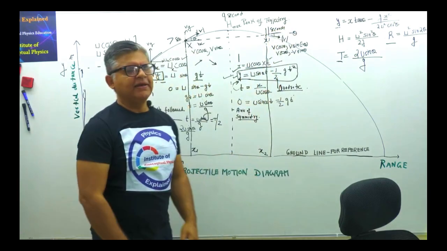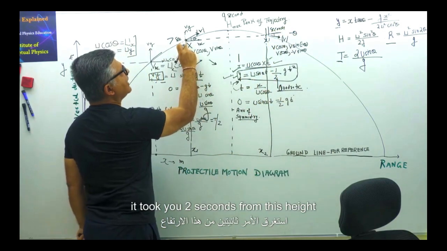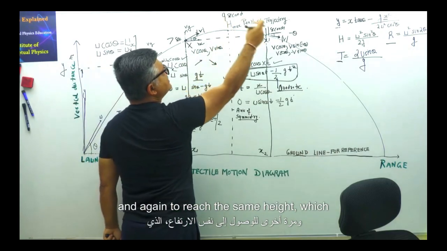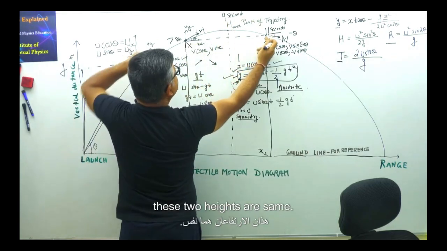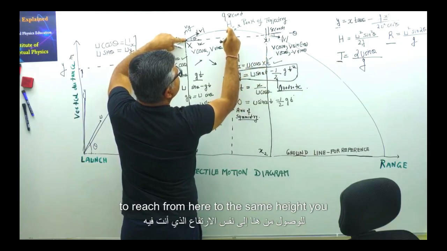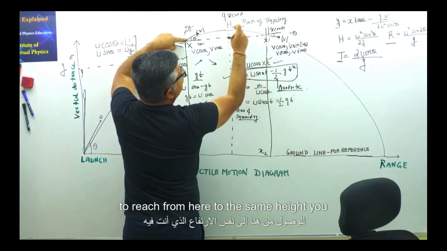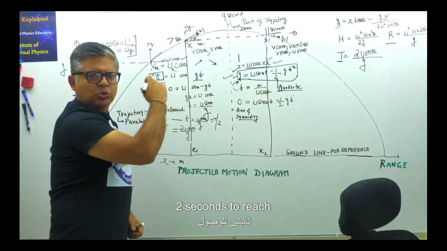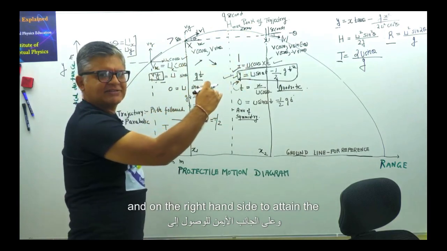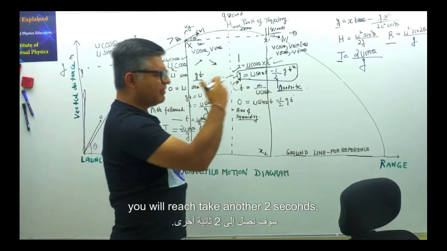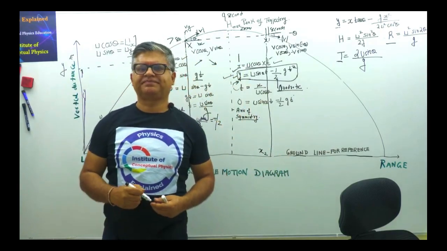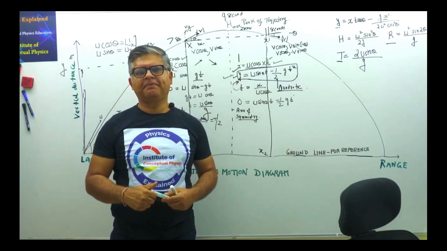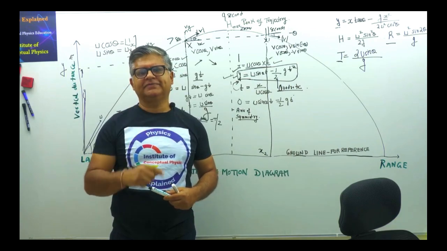By symmetry, it took 2 seconds from this height to reach the highest point, and to reach the same height on the other side you will take another 2 seconds. So on the left-hand side you took 2 seconds, and on the right-hand side, to attain the same height, you will take another 2 seconds. Symmetry. Quadratic.